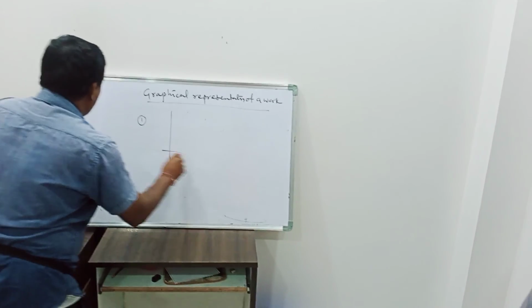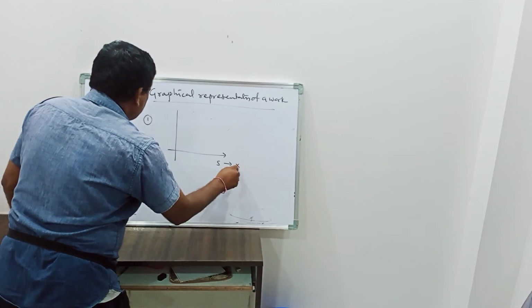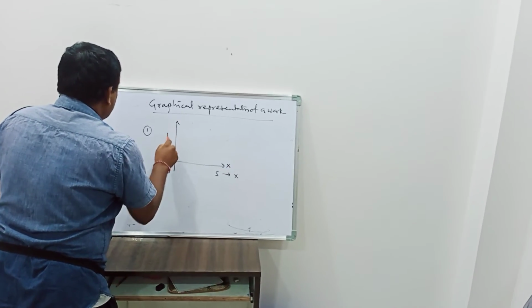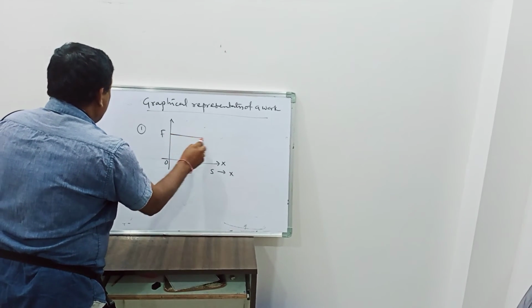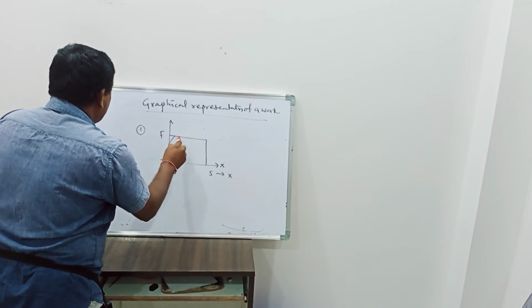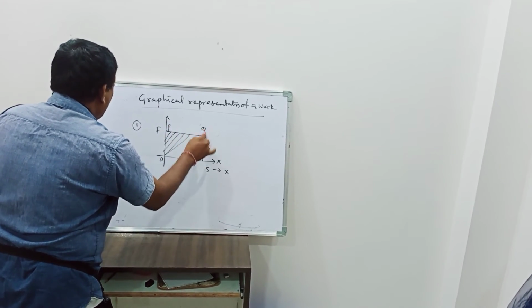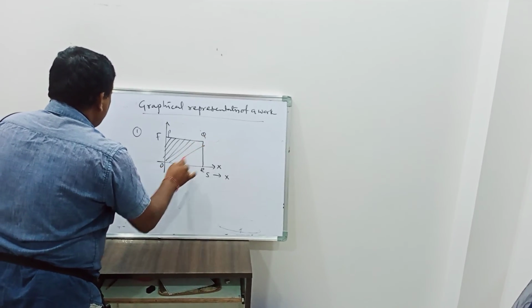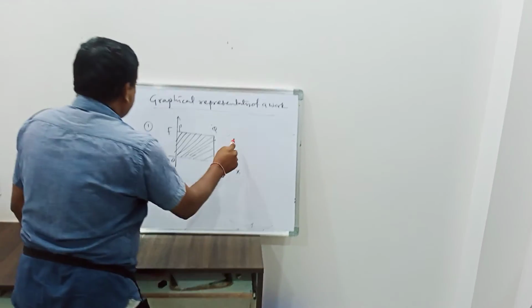If you take the displacement values along the x-axis and force values along the y-axis, you will get a graph in which the area of OPQR gives the work done.